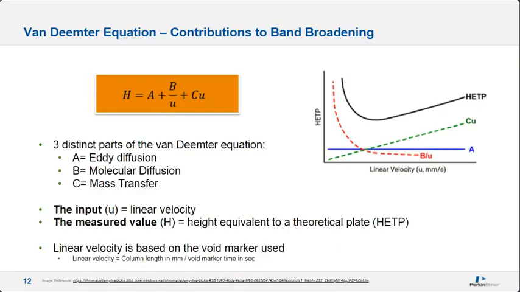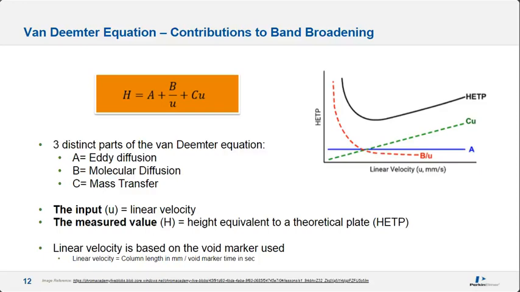We can examine the effect of particle size through the Van Deemter equation, which is shown in this slide. There are 3 major contributions to the Van Deemter equation. We have the A term, which is the Eddy diffusion, the B term, which is molecular diffusion, and C, which is mass transfer.